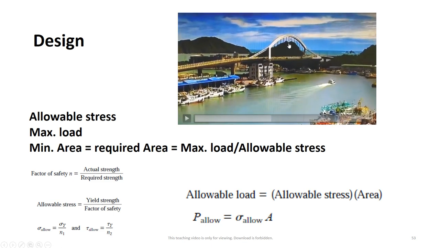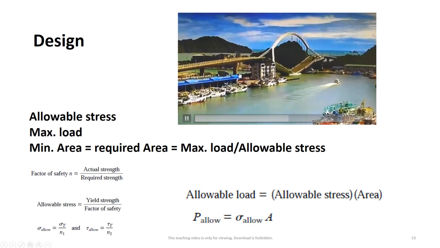You will start the failure here, start from the bridge cable here. That means the loading exceeds the value. So in this case, we need to consider many questions about this.